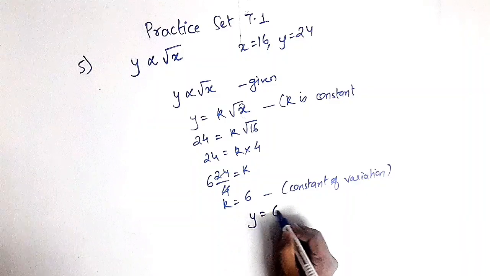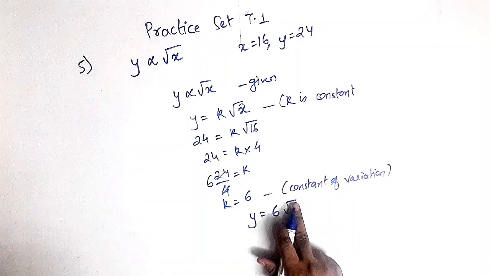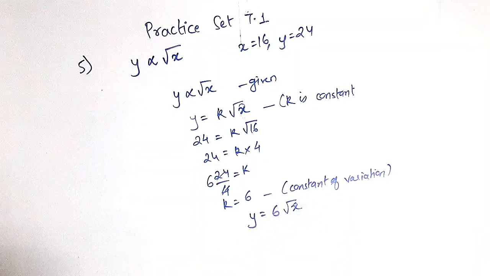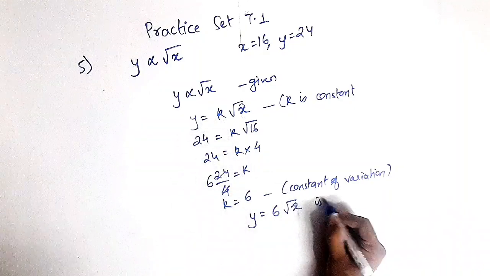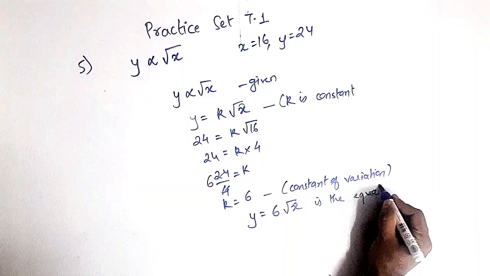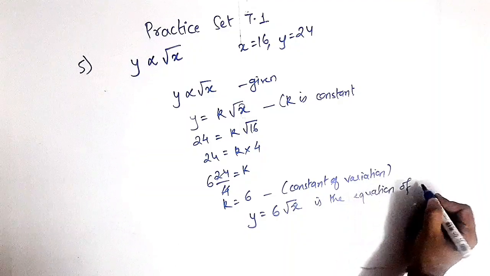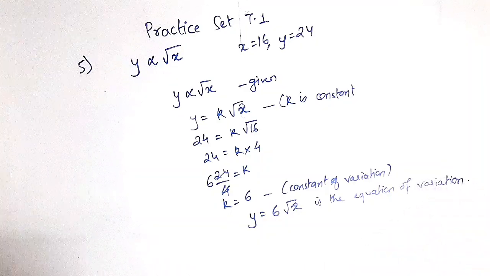Y is equal to 6, instead of k I am writing 6, root x. So y is equal to 6 root x is the equation of variation. Okay, so this is how you will write the fifth one.